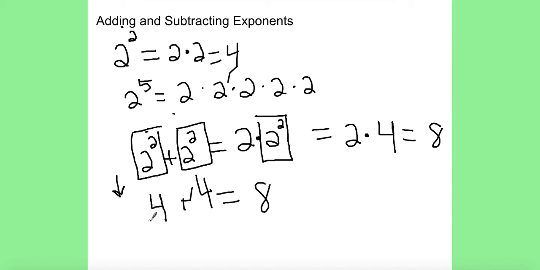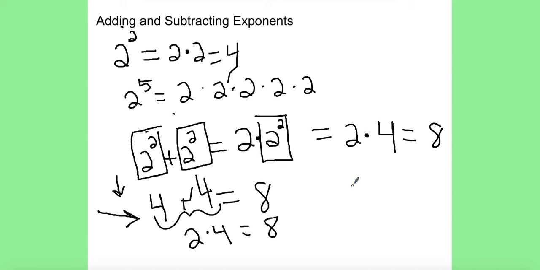This is also a way to say 2 times 4. 2 times 4 stands for 4 plus 4. So either way, we get to the same answer. But this way only works when we can evaluate, because we know the base. We have a number on the bottom, 2.